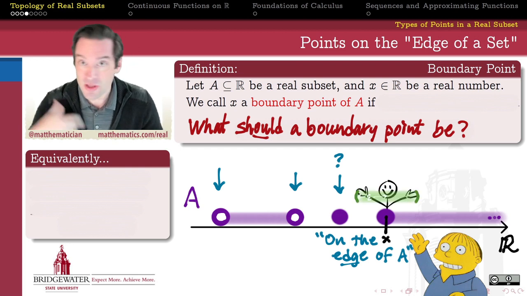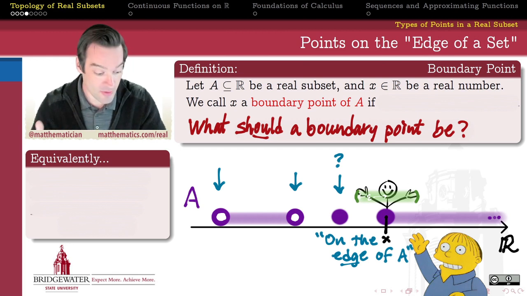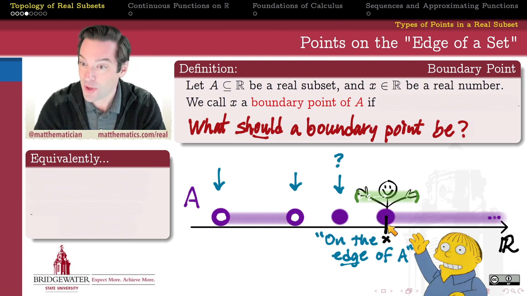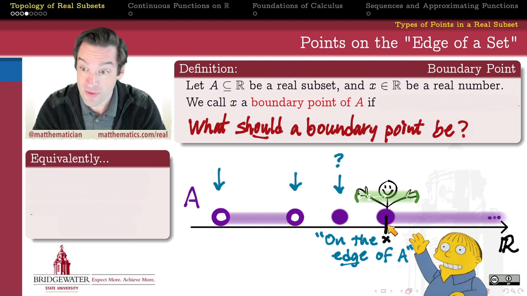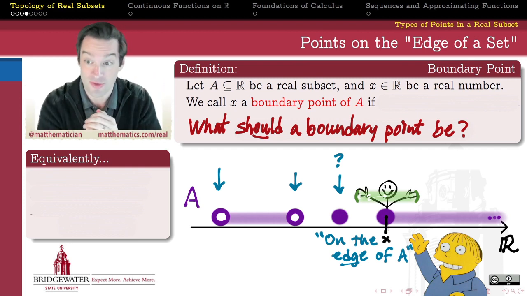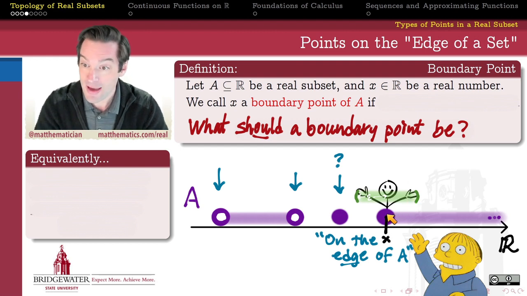Well, because we're living in metric topology land, everything that we do is framed in terms of these epsilon neighborhoods. So let's imagine that I'm standing at this point right here, which we want to be one of our boundary points, and I pick one of my epsilon neighborhoods. I just stretch my arms out a little bit, where the length of one of my arms is epsilon. So what should that epsilon neighborhood at this point actually satisfy?